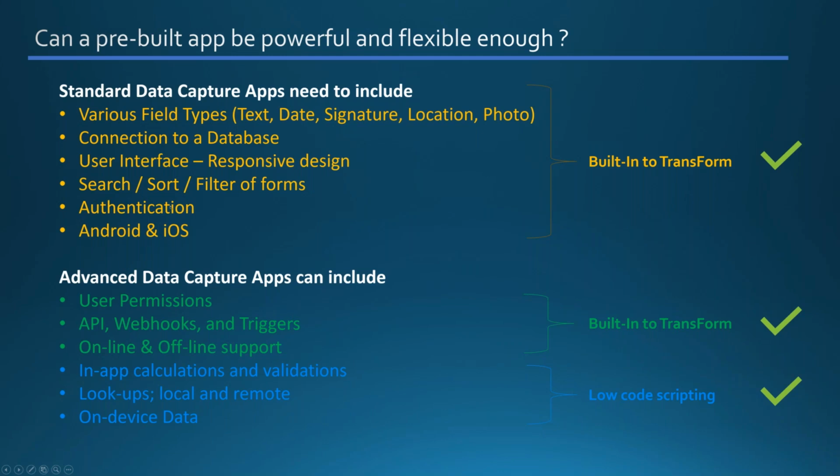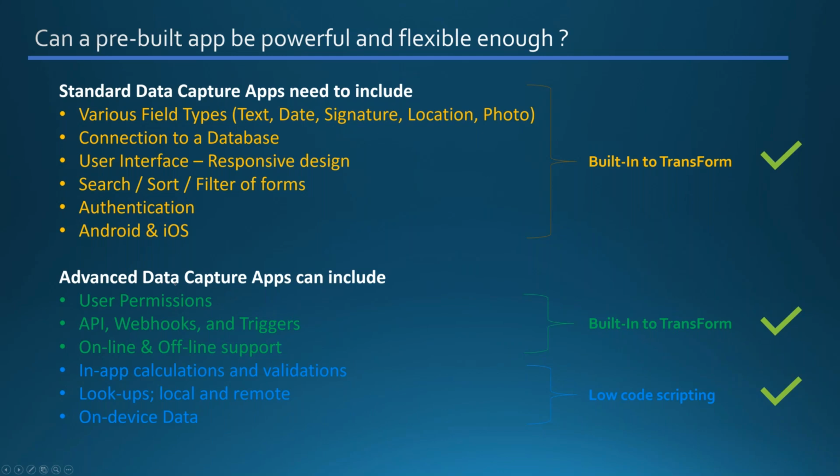You should have logging in, credentials, authentication, and you should run on both platforms and multiple versions of these. So this standard set of features, you could not launch really much without this set of features, is already part of Transform. That is already built into that core application.